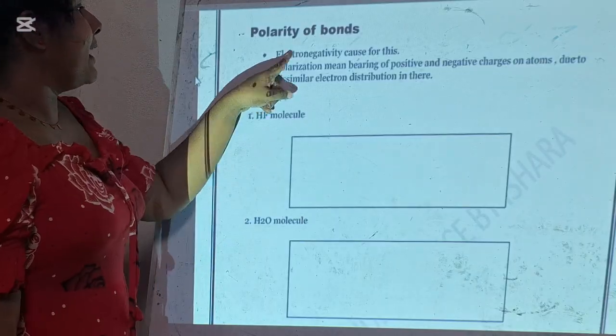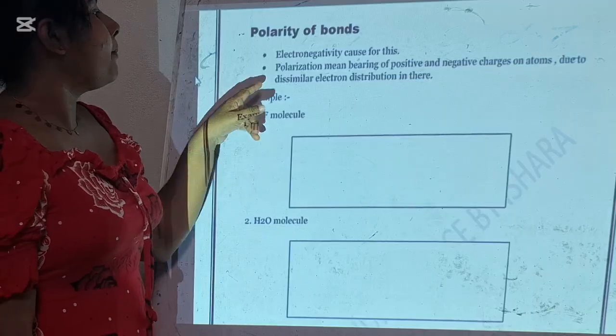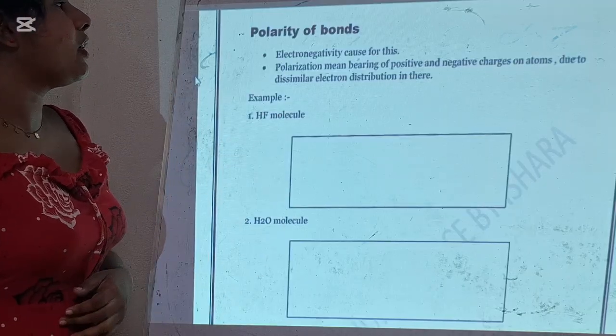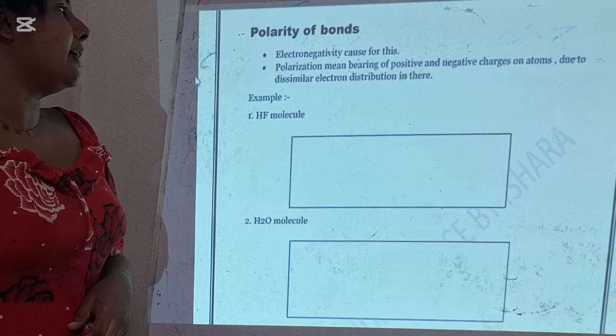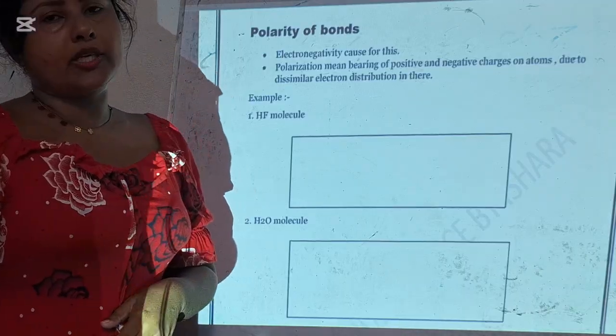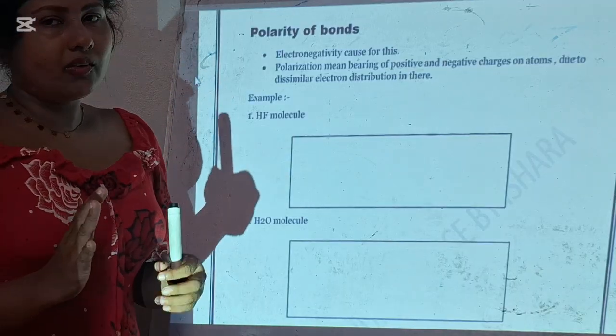So electronegativity causes this. Polarization means the bearing of positive and negative charges on atoms due to dissimilar electron distribution. Shall we learn what happens there?